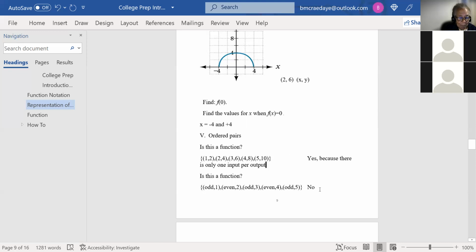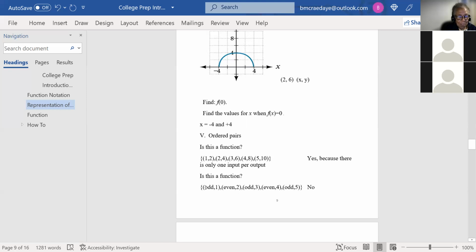This one is not a function because there is more than one output per input. In other words, the odd, which is the input, has more than one output. Odd one, odd two, odd three, and they have different outputs.